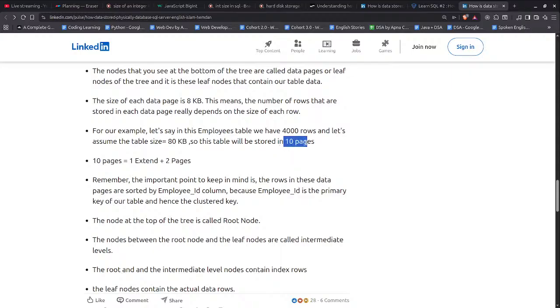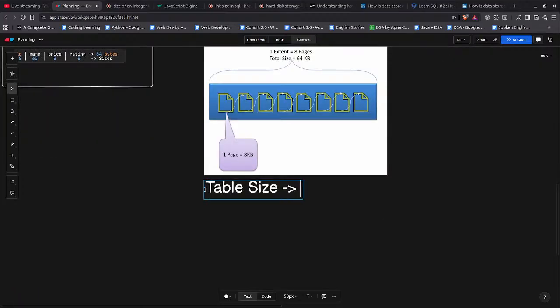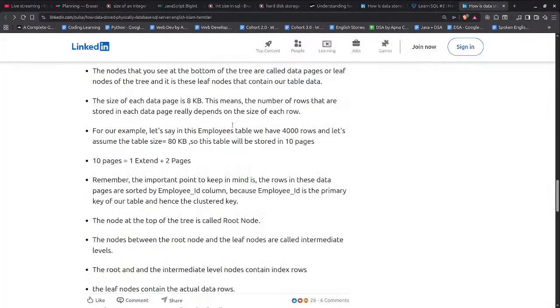So 10 pages means what? 10 pages means one extent plus 2 pages. That's right. So ultimately, coming back to this table size, if we have 80 KB in our case, that simply means we want to store 10 pages.